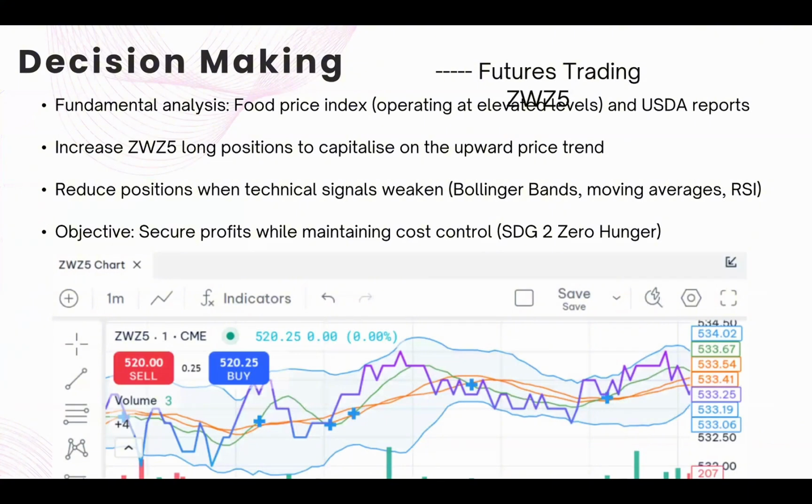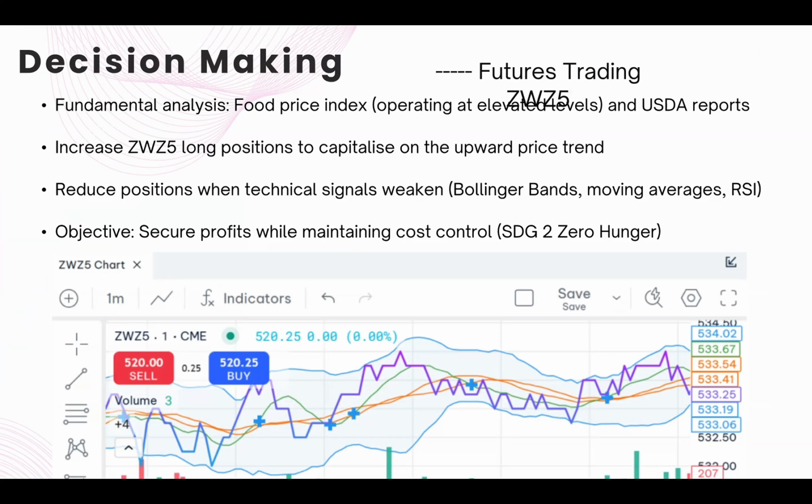To talk about our strategy: at the start, we increased ZWZ5 long positions. The reason was fundamental. The food price index stayed at high levels, and the USDA report showed supply risks. But later, the technical signals changed.